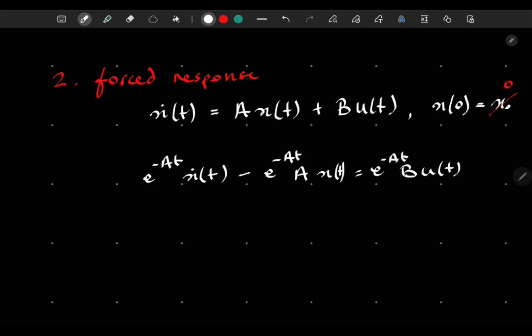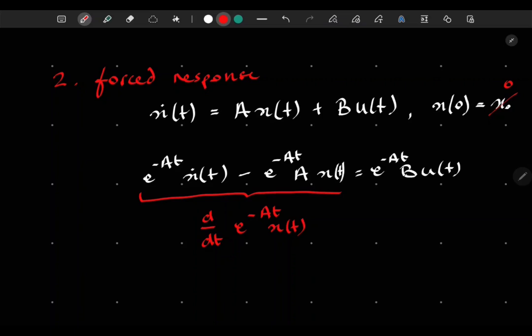Now we can recognize that the left-hand side is just the derivative in time of the function e to the minus At times x. And notice here that by the definition of the exponential of a matrix, its product with the matrix itself commutes.